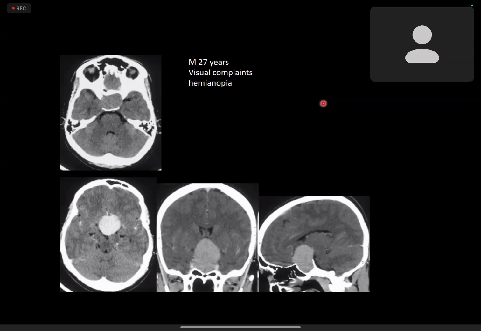There's a homogeneously hyperdense lesion causing widening of the sella extending in the suprasellar region, which shows homogeneous contrast enhancement. So, differentials would be pituitary macroadenoma or a meningioma.